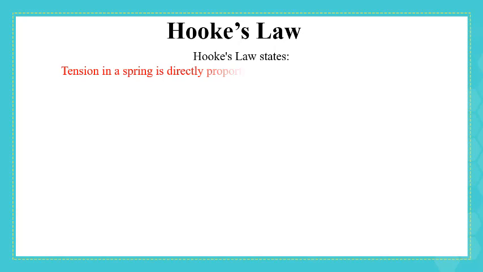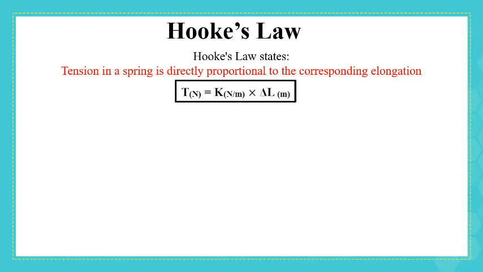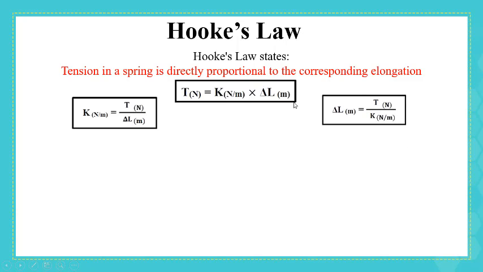Hooke's law states that tension in a spring is directly proportional to the corresponding elongation. That is the formula T equals K multiplied by delta L. To find K from this formula, it is T over delta L. And to find delta L, it is T over K.